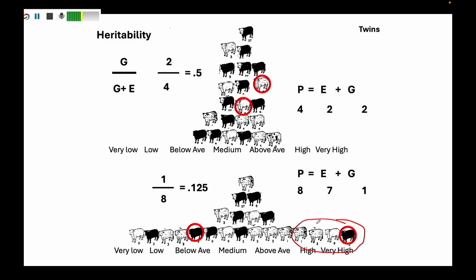So that's the kind of decision making we have with quantitative traits. We don't assign the same kind of probabilities that we do with qualitative traits, but we can make these generalized predictions about the opportunities to make improvements.